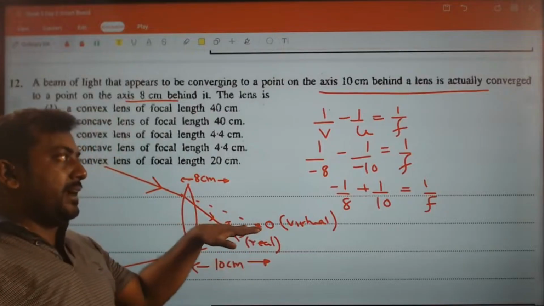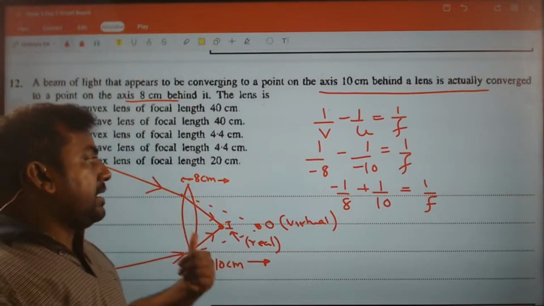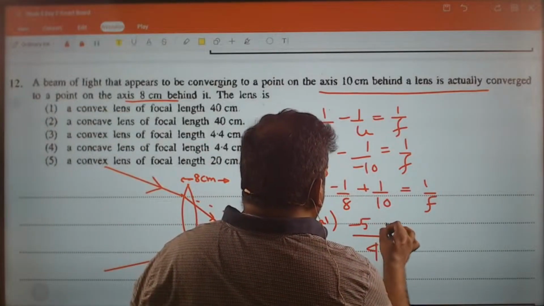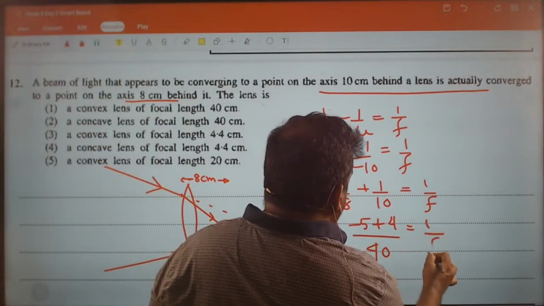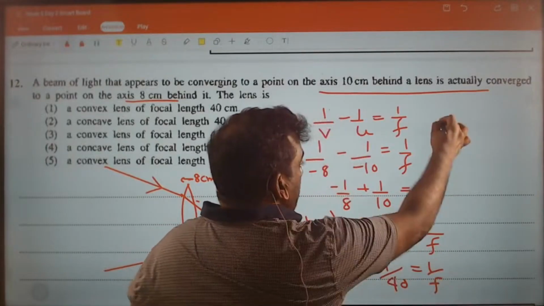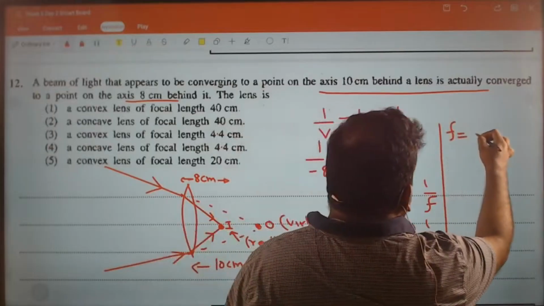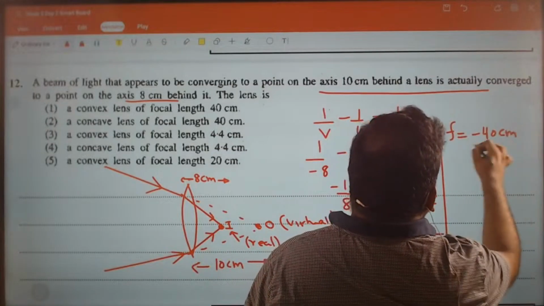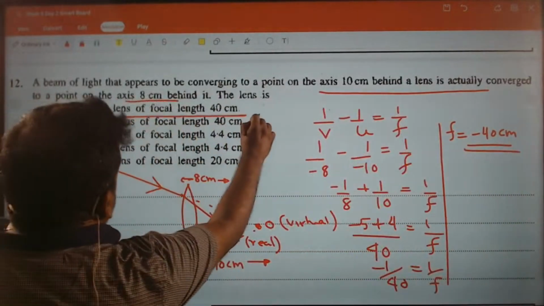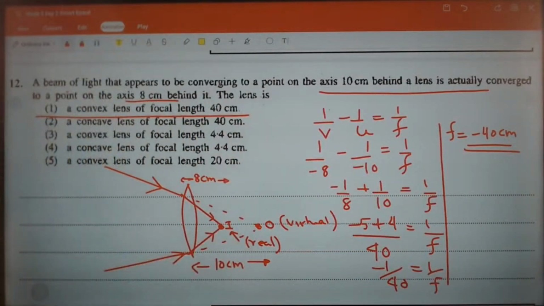In the direction light travels, all measurements are minus. So if you simplify this, minus 5 plus 4 over 40, minus 1 over 40 equals 1 over f. From this we can say f is equal to minus 40 centimeters. Minus 40 means convex lens of focal length 40. Answer number 1.